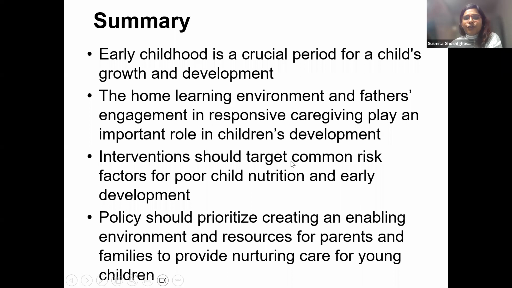So we should focus on interventions that target the common risk factors for poor child nutrition and early development. And policies should be prioritized, creating an enabling environment and resources for parents that can help families to provide nurturing care for young children.